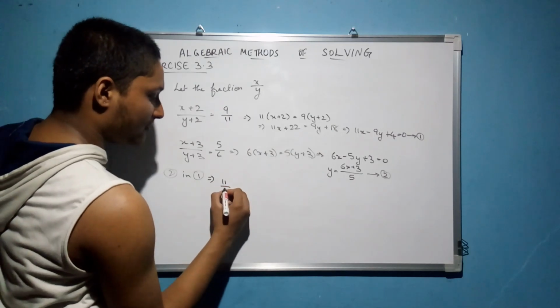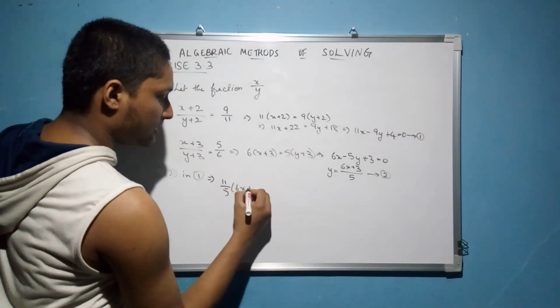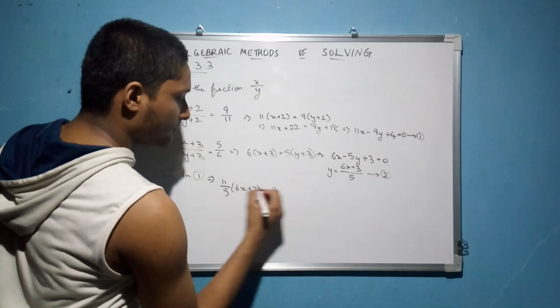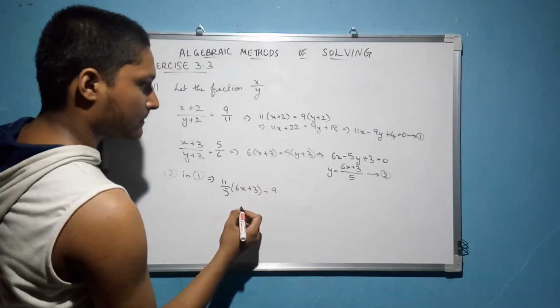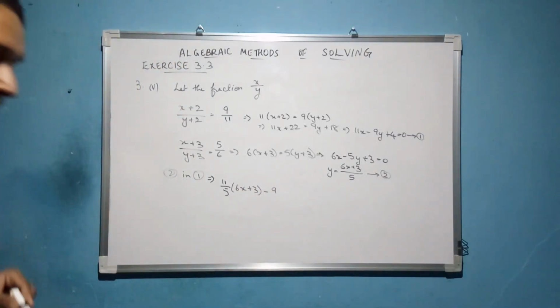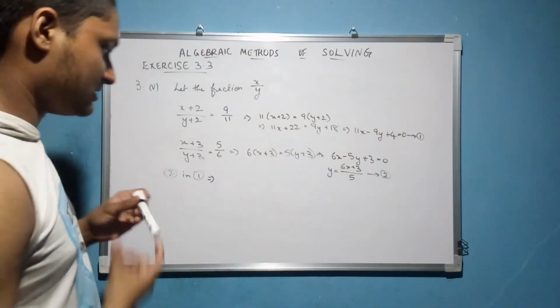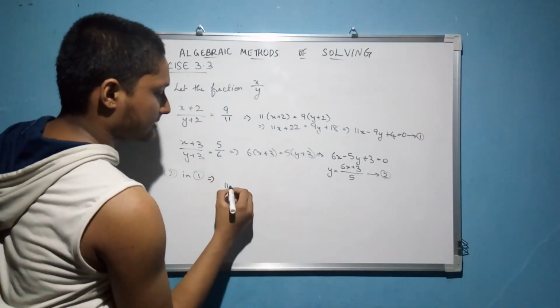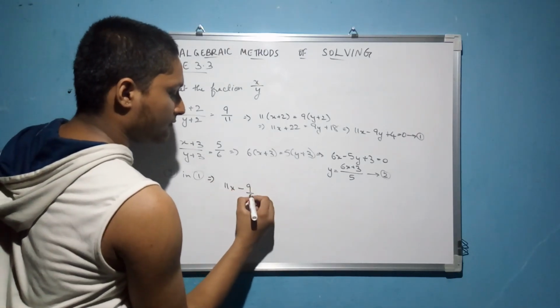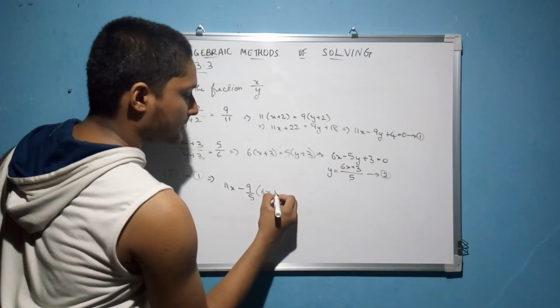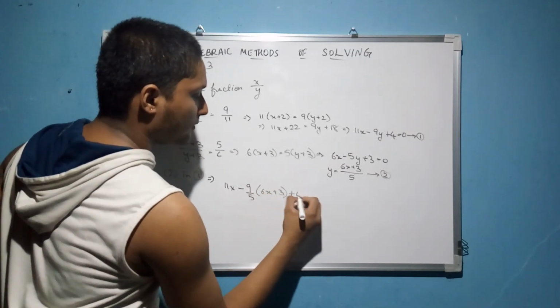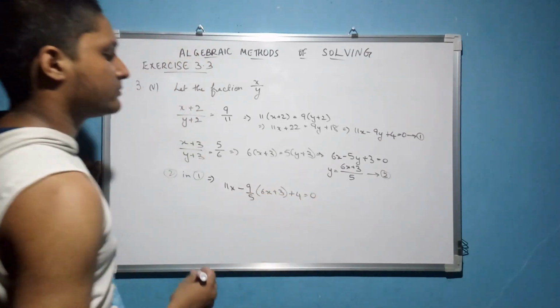So it is 11 by 5 into 6x plus 3 minus 9. Okay, you have to substitute for y, right? Wrong place of substitution. So, this is 11x minus 9 by 5 into 6x plus 3, plus 4 is equal to 0.